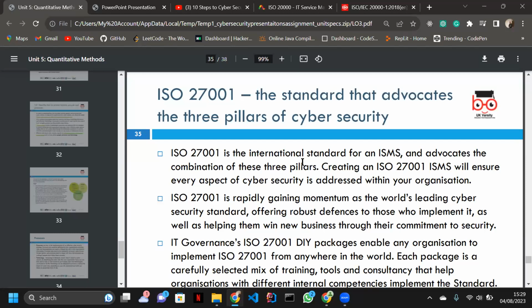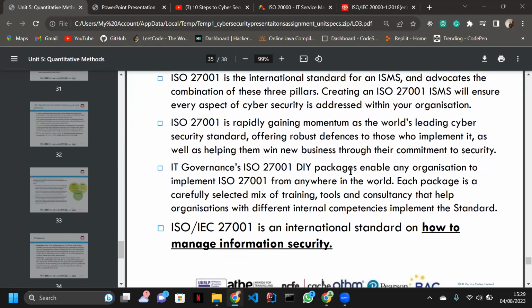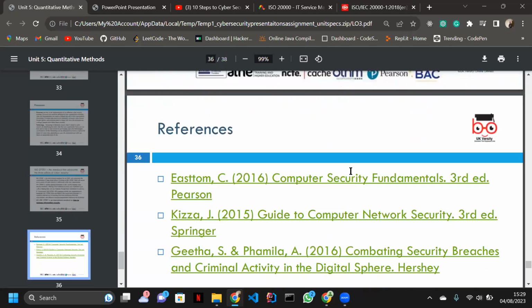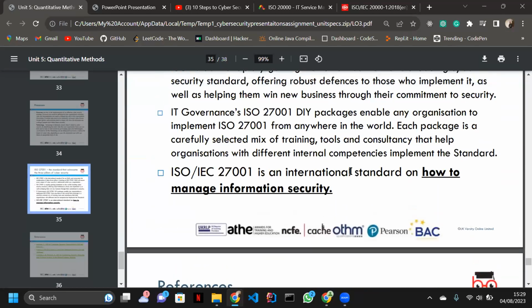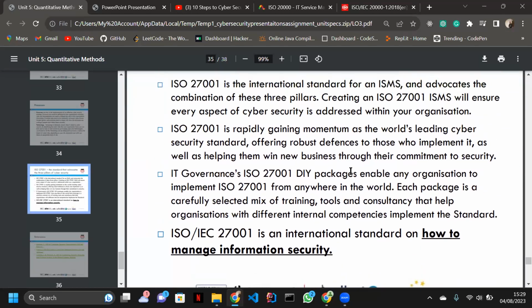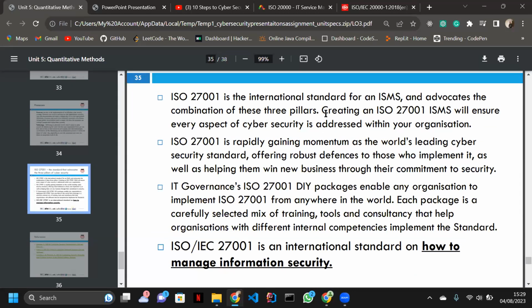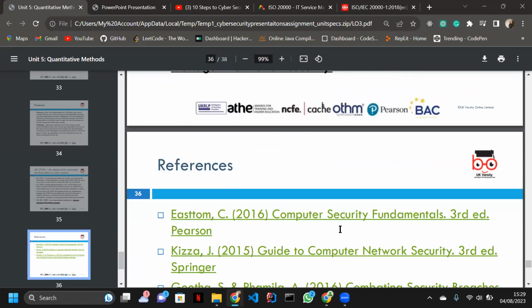This will ensure every aspect of cybersecurity is addressed within the organization. By having knowledge of this, you are in a good position to apply for these jobs. So this was everything for today's session.